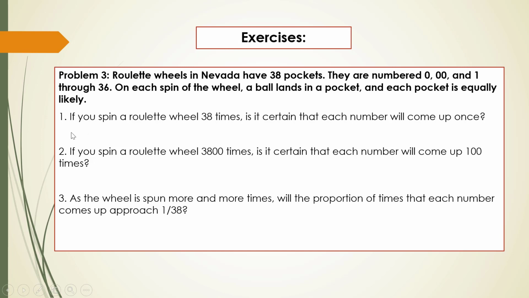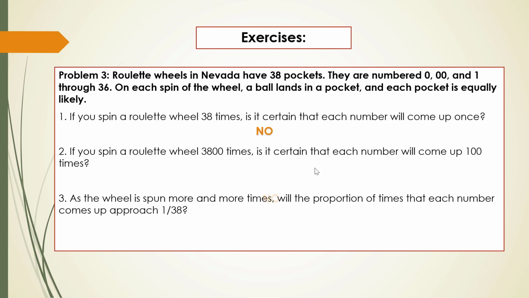For the first question, when you spin a roulette wheel 38 times, you cannot guarantee that its number will come up once. So the answer is no. Even when you spin it 3800 times, you still cannot say for sure that its number will come up 100 times. You can say that its number might come up around 100 times, but you cannot say exactly 100 times.